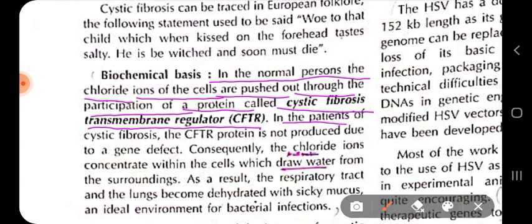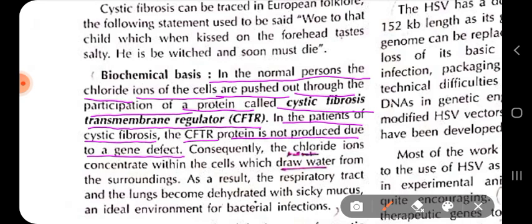Now, those patients who are suffering from cystic fibrosis, this CFTR protein is non-functional. It is not produced due to its gene defect. So, CFTR must have been produced from certain gene, and CFTR gene function is what? To push out that chloride ions from the cell, right? It is a helper protein to move that chloride ions out from the cell.